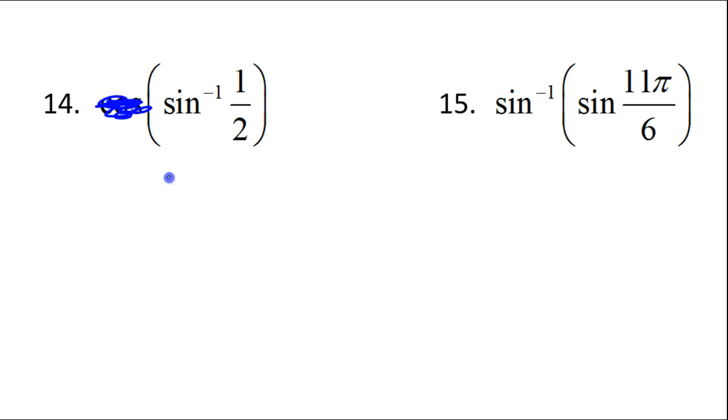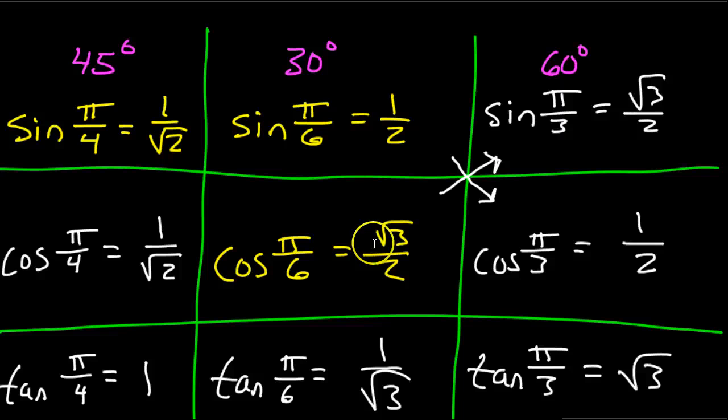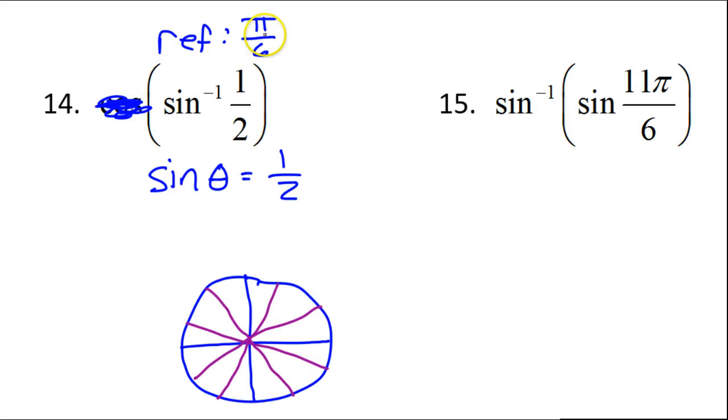This is asking us the sine of what angle is equal to 1/2. Well, this is one of the ones that we have memorized. Sine of pi over 6 is 1/2. That gives a reference angle of pi over 6, so we draw the pi over 6's.